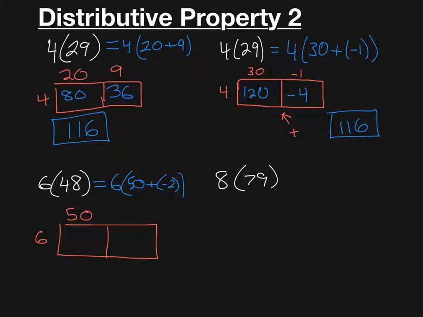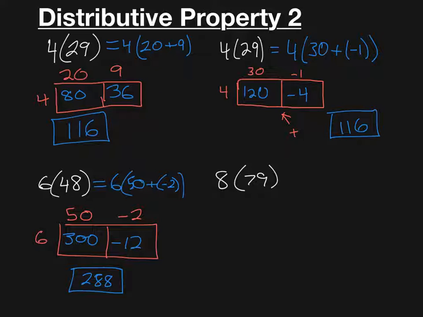One is length 50, one is length negative 2. 6 times 50 is 300. 6 times negative 2 is negative 12. 300 plus negative 12 is going to be 288, right? And if we want to check that, we can check it on a calculator, and you will find 6 times 48 is 288.